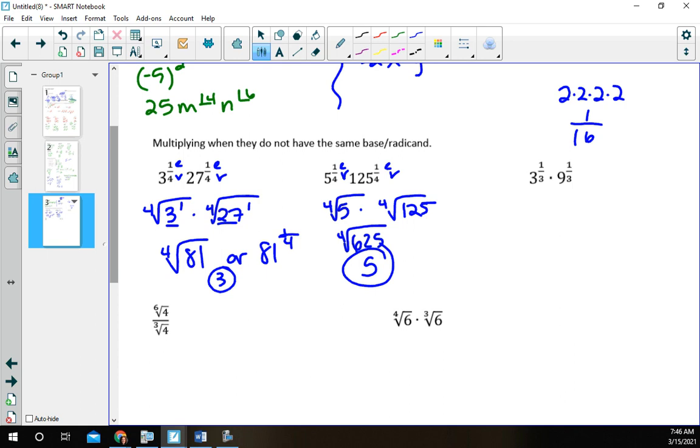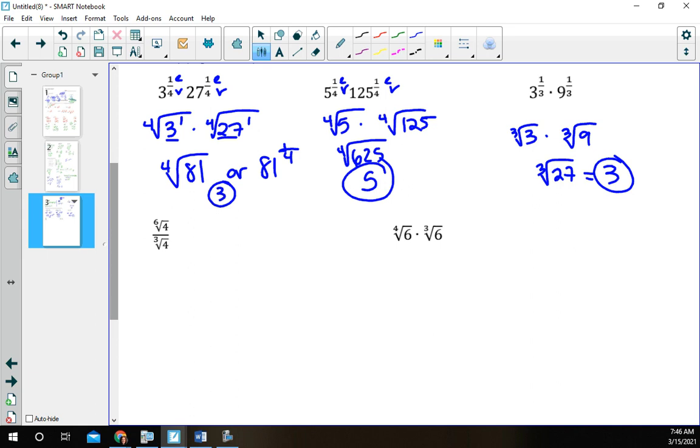Okay, so this one here, cube root of 3 times cube root of 9, so cube root of 27 should get 3. Okay, this is 4 to the 1/6 divided by 4 to the 1/3. When you are dividing things to the same base, you keep the base. You're going to be doing 1/6 minus 1/3 in your calculator, and then doing your math frac button.